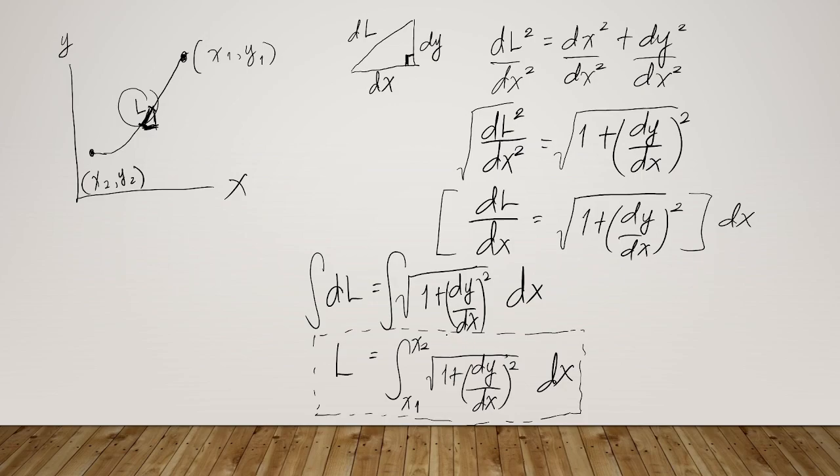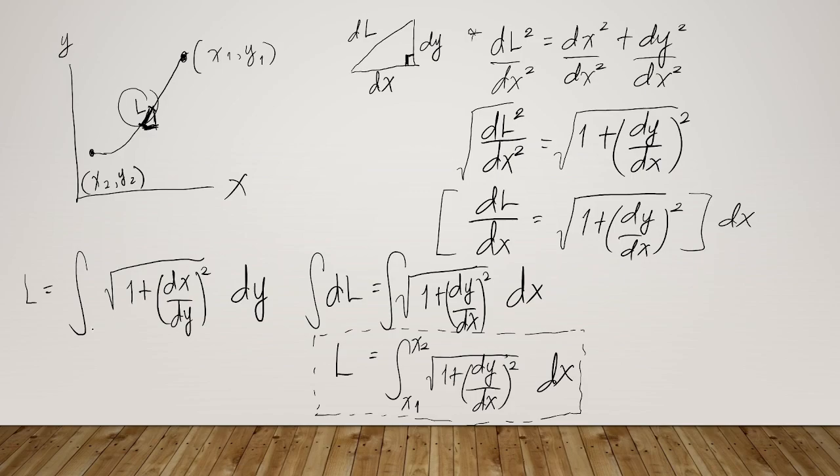Paano naman kapag naka-base sa y? This is simply L. Ang gagawin mo lang dyan, itong dl squared, divide mo naman siya sa dy squared. Okay, this will become length is equal to integral of square root of 1 plus dx over dy, squared, dy.